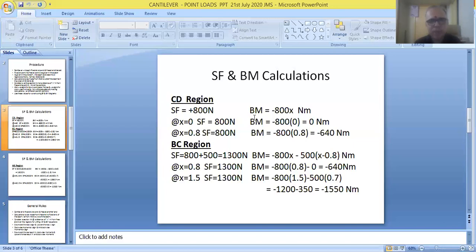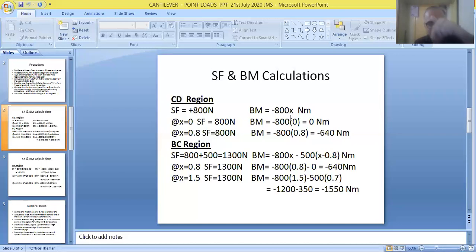Friends, coming to the bending moment, it's nothing but force into perpendicular distance. A force of 800 is acting in downward direction. As I have already told you in the previous slide, we have to consider a section at a distance of x meter from the free end of the beam. So the perpendicular distance will be x meter, and the force is 800. You multiply these values, it comes to 800x, and the load is acting in downward direction.